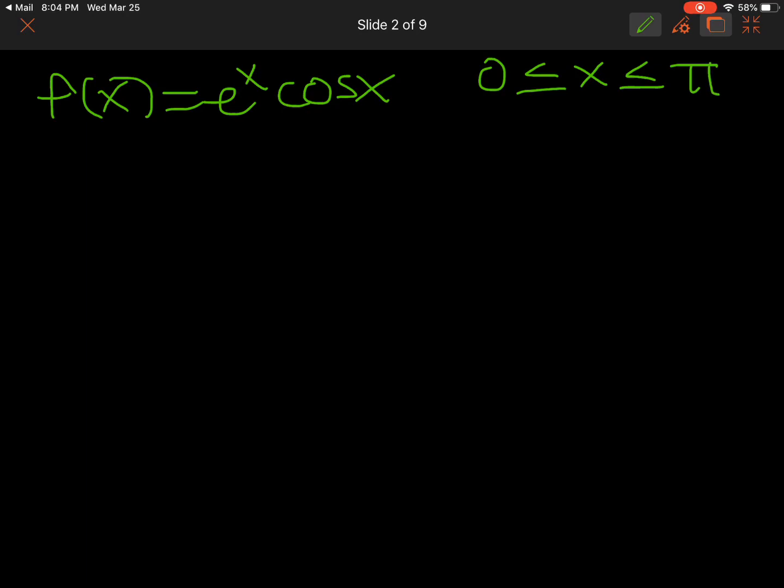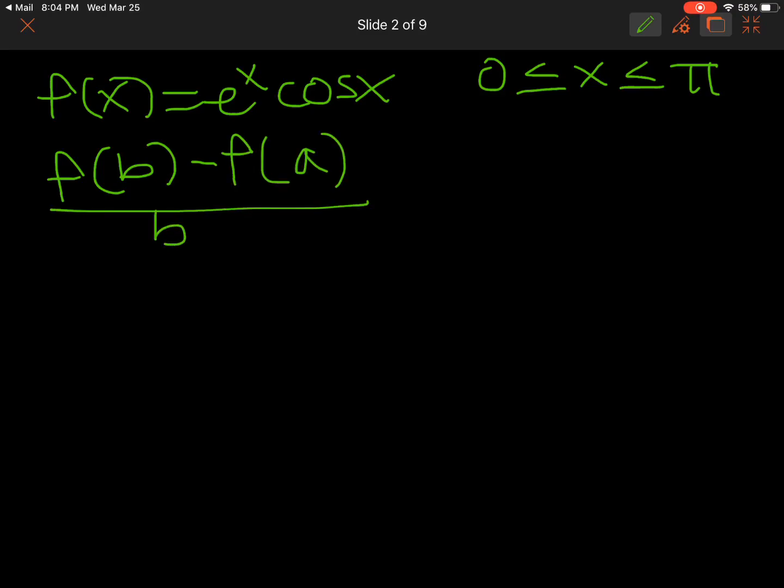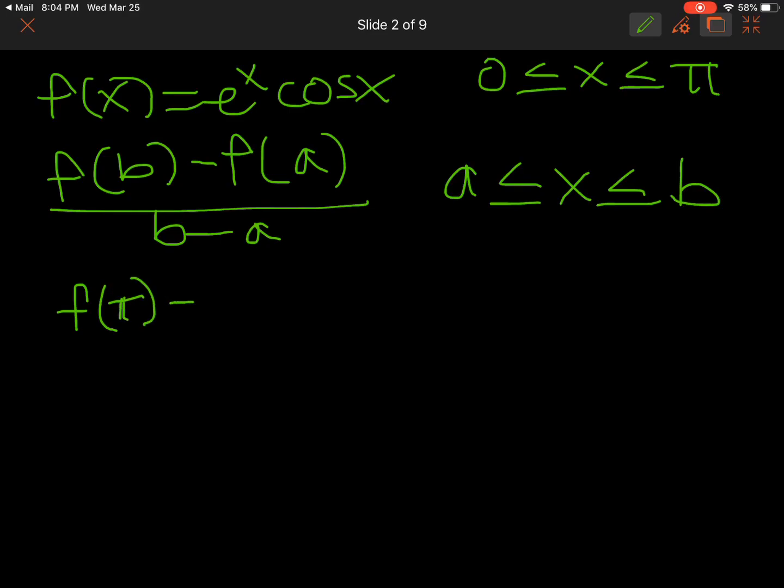Remember that the formula for the average rate of change of a function f is simply f of b minus f of a over b minus a on the interval a is less than or equal to x is less than or equal to b. So all we have to evaluate here is f of pi minus f of 0 over pi minus 0. So let's evaluate that.